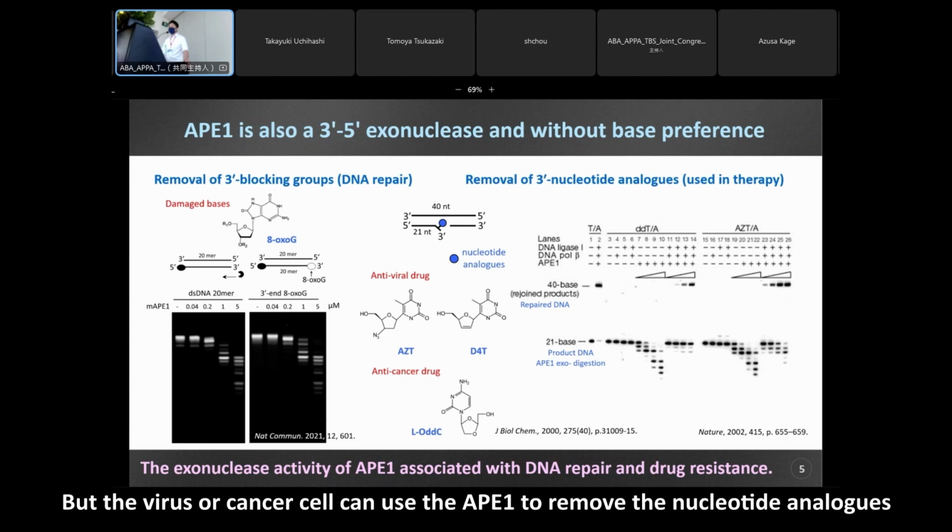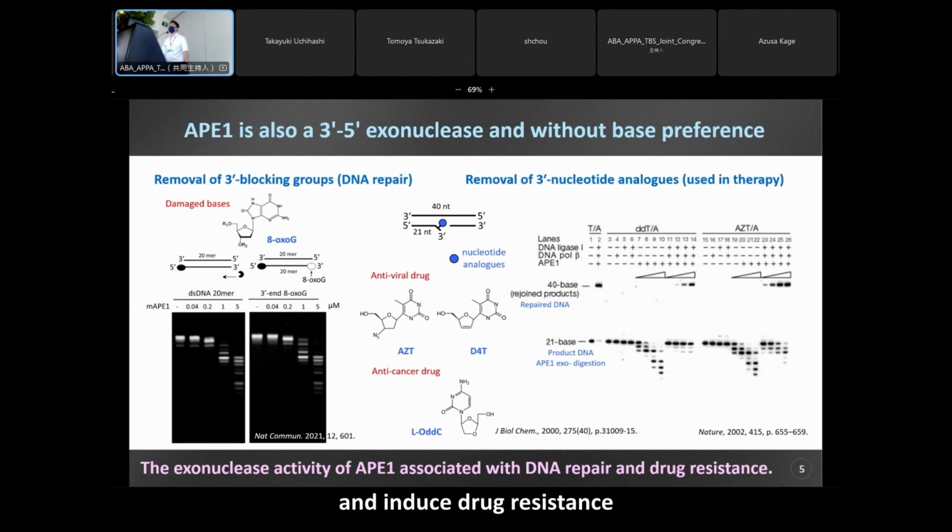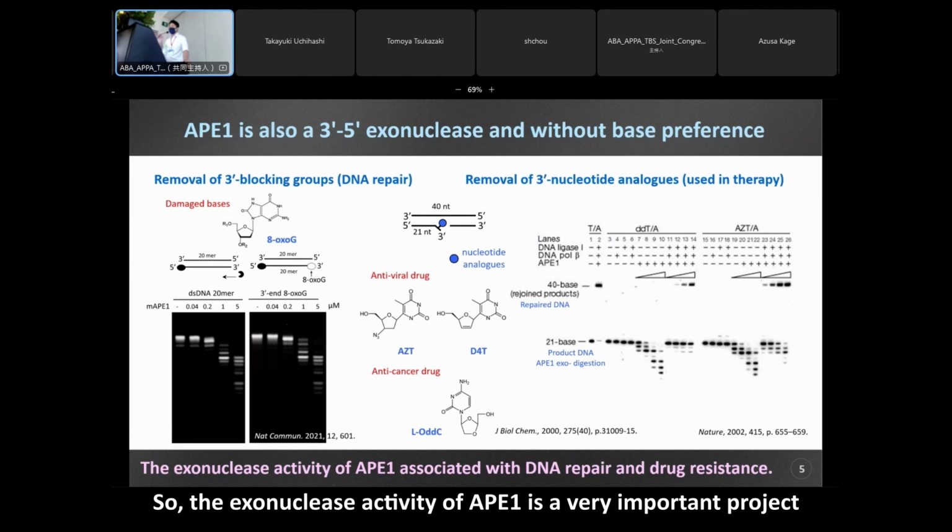But the virus or cancer cell can use their APE1 to remove the nucleotide analog and induce drug resistance. So the exonuclease activity of APE1 is a very important topic, and we need to understand its catalytic properties.